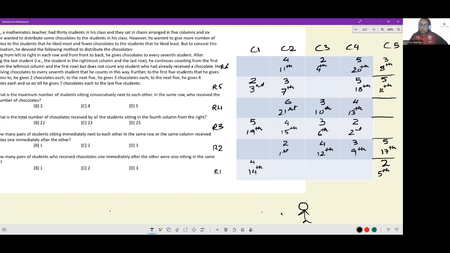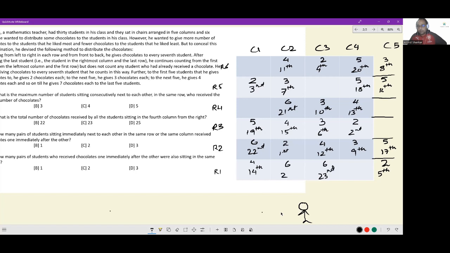1, 2, 3, 4, 5, 6, 7. So this is 6. This is the 22nd person to receive it. 1, 2, 3, 4, 5, 6, 7. 6. 23rd person to receive it. 1, 2, 3, 4, 5, 6, and 7.